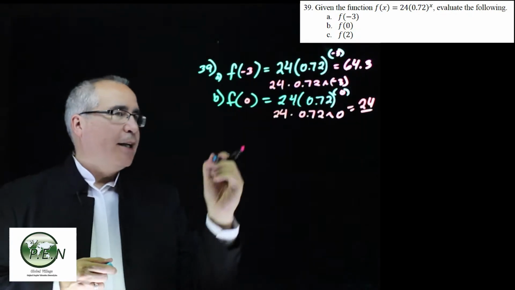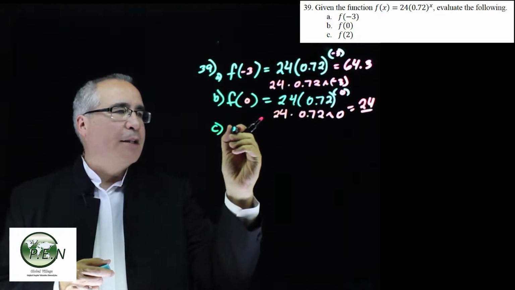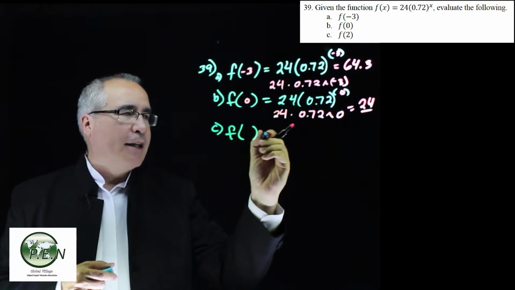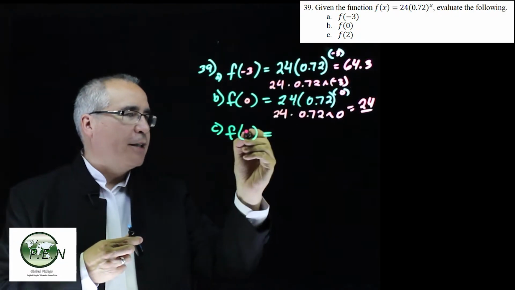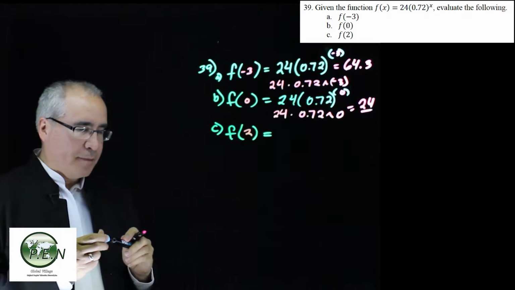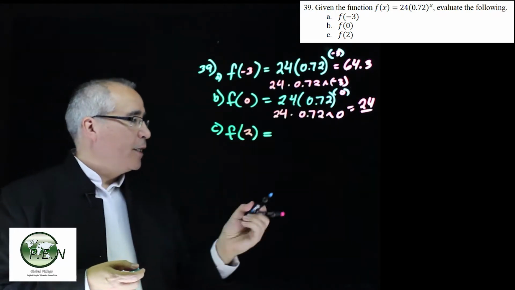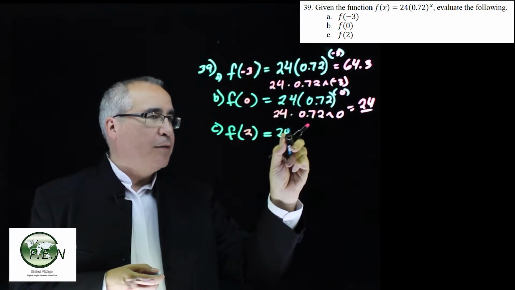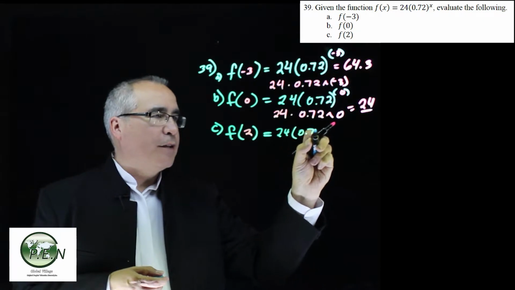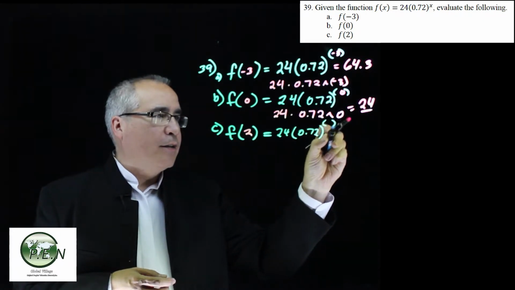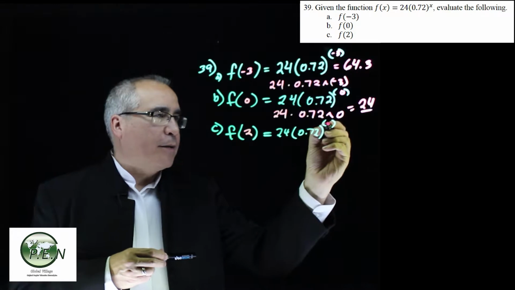Okay. And finally, the C question. We want to take this function and plug in the value of 2. So we're going to change twice. So again, we've got 24 times 0.72 raised to the 2 power.